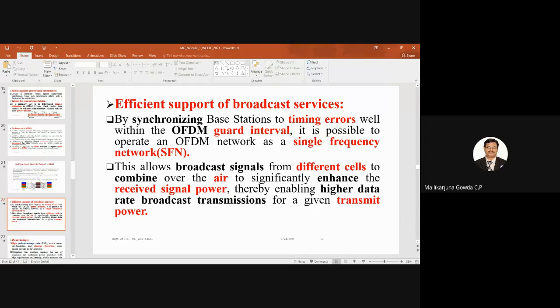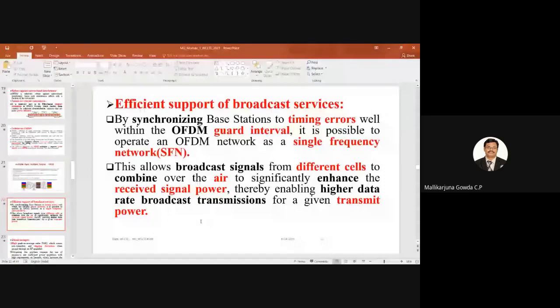That allows the broadcast signals from different cells to combine over the air to significantly enhance the received signal power. Thereby it will be enabling higher data rate broadcast transmissions for the given transmit power. That is how we say it is useful.